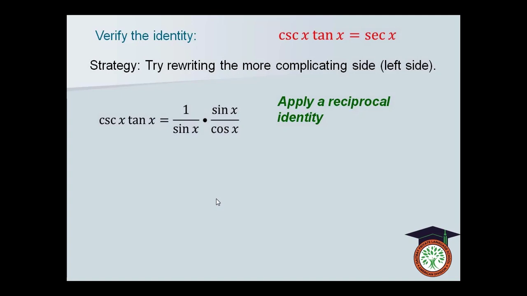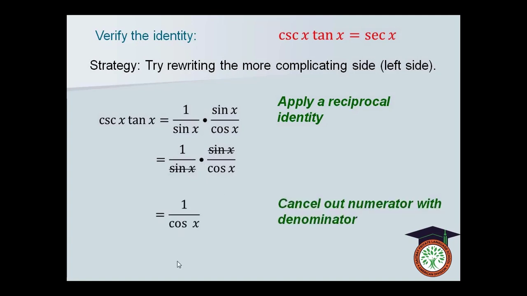Who can tell me what I will do now? Excellent, I can hear you. We can simplify the numerator with the denominator, so cross out a numerator with a denominator. What is left now? 1 over cosine x, which is equal to, very good, sec x, which is equal to the right side.